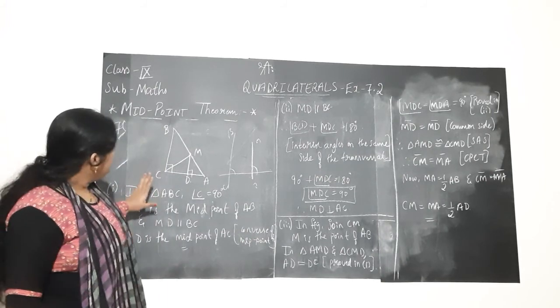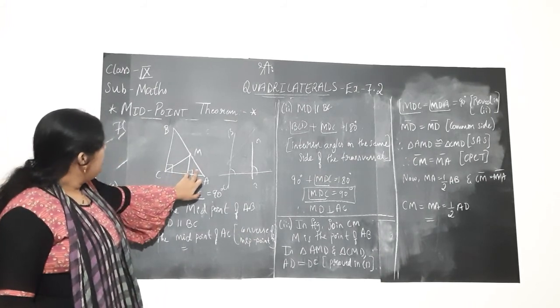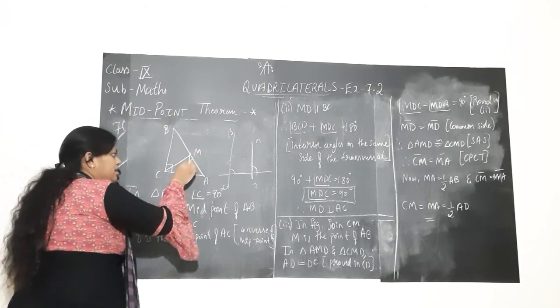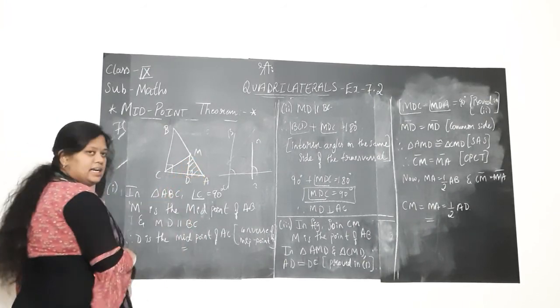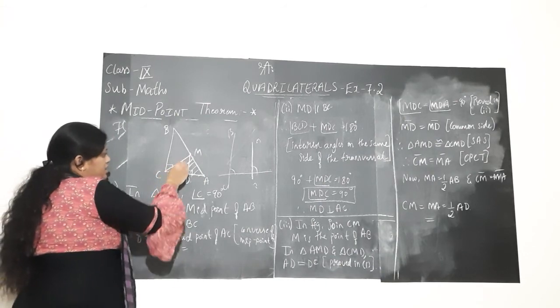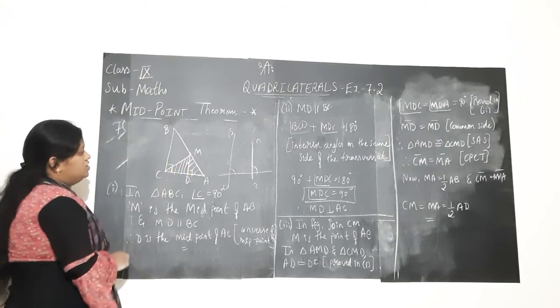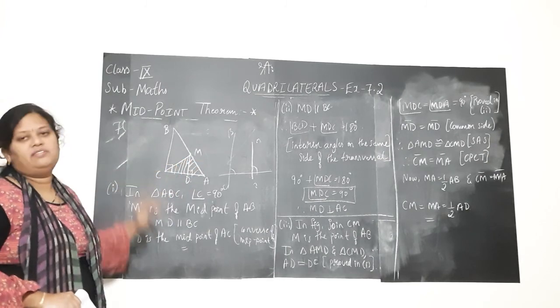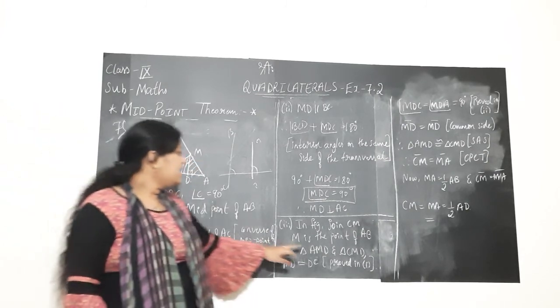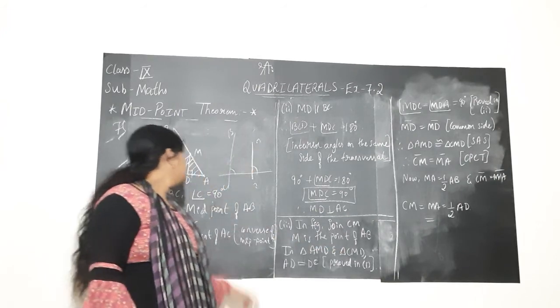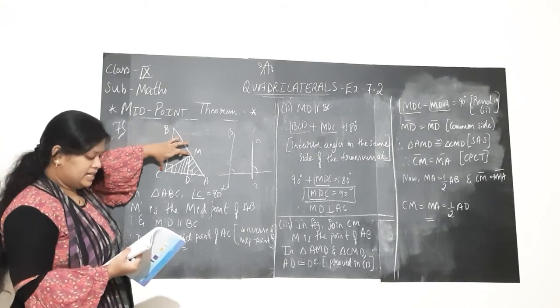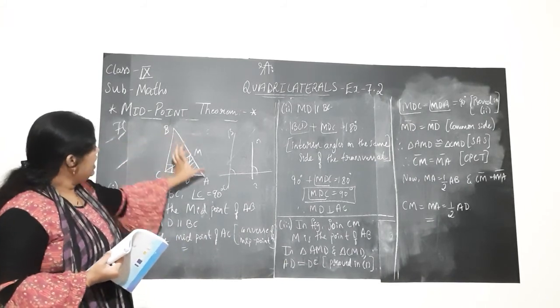Now in triangle AMD and triangle CMD. This is triangle CMD, children. This is triangle AMD. This chota triangle we are considering. In triangle AMD and triangle CMD, we need to prove CM, this length, is equal to AM.